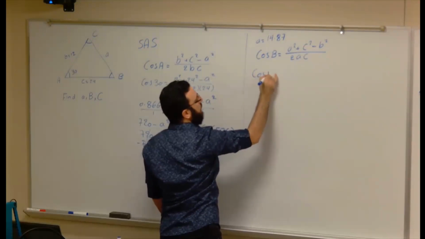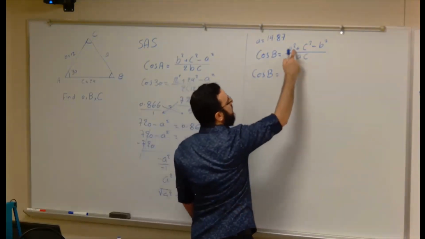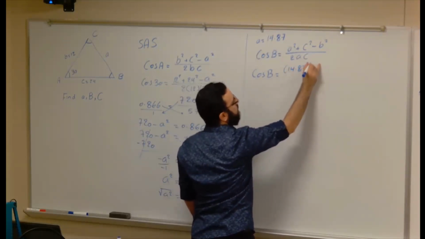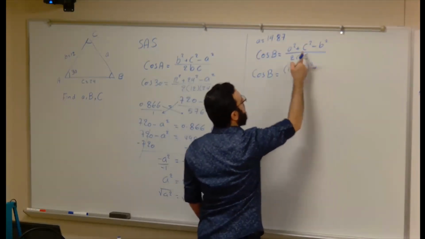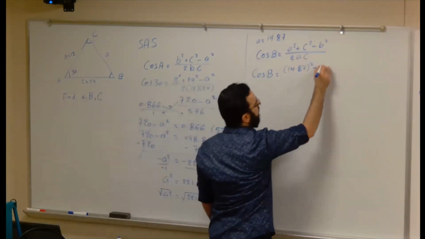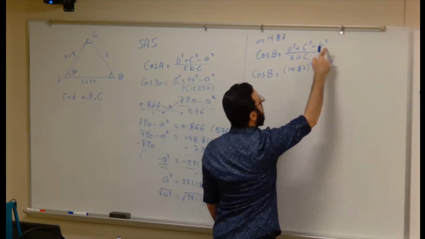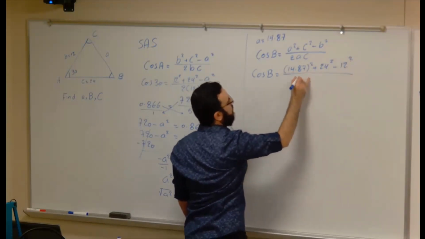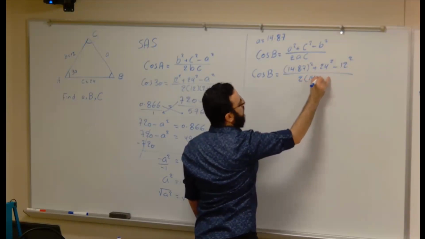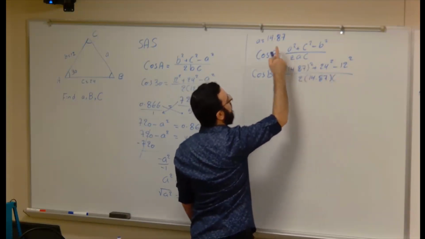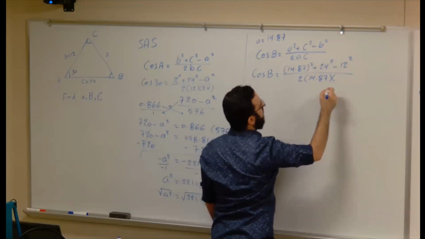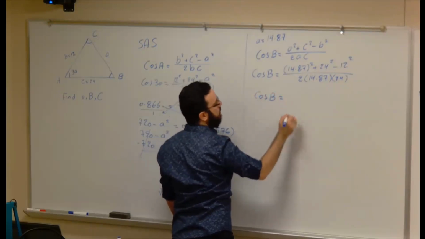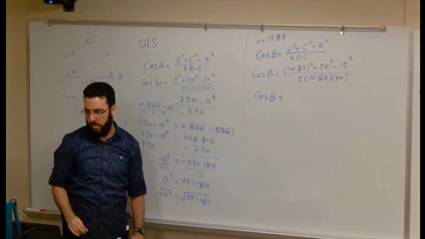A squared is 14.87 squared, plus C squared is 24 squared, minus B squared is 12 squared, divided by 2 times 14.87 times C, which is 24. Cosine B is going to equal what? Go ahead, plug it in.